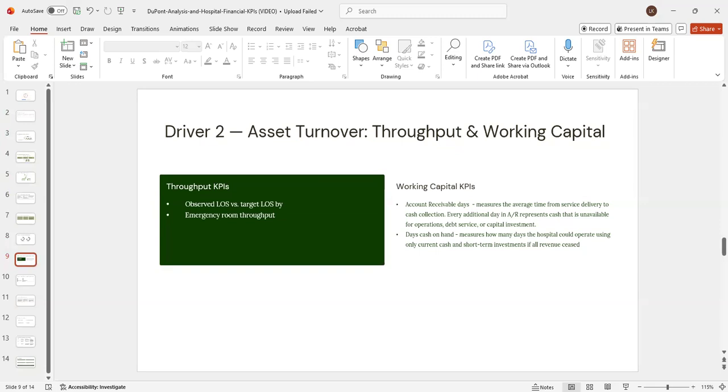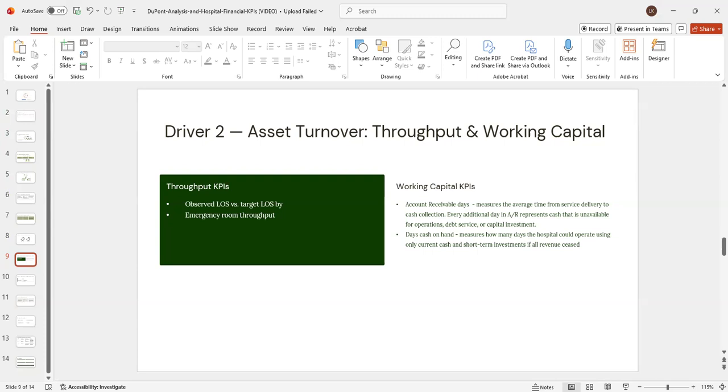So what is throughput? Throughput is the rate at which patients move through the system, from admission to treatment and to discharge. High throughput, for instance, in the form of faster emergency room turnarounds, reduced bed wait times, and highly optimized operating room scheduling, all of that allows a hospital to treat a higher volume of patients without needing to add more physical facilities or major equipment.